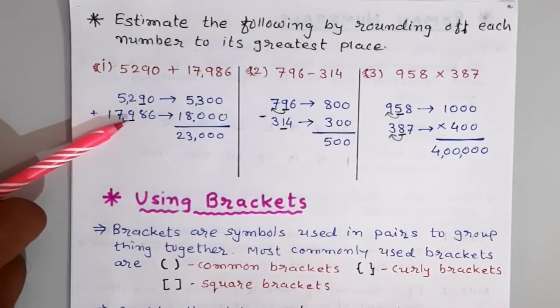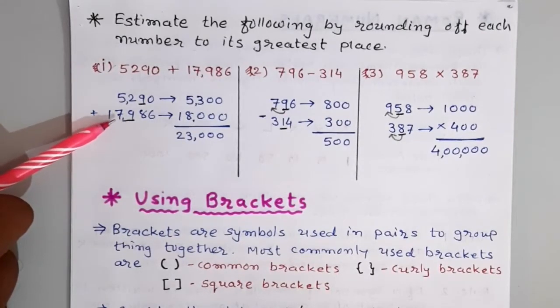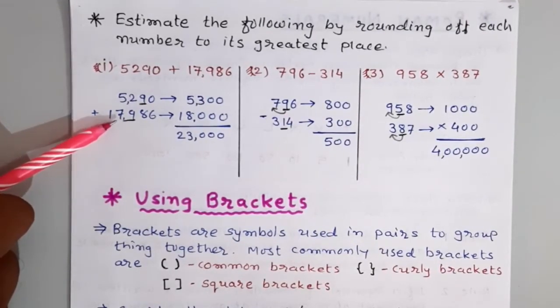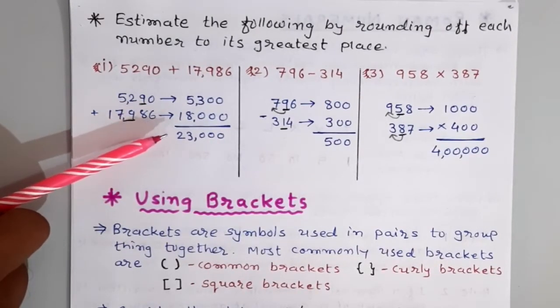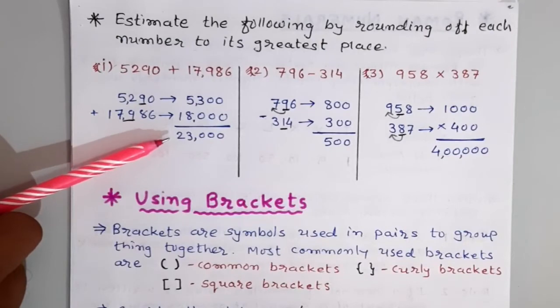And same here, 9 is greater than 5, so we have to add 1 here, so the estimation will become 18,000 and the total will become 23,000.